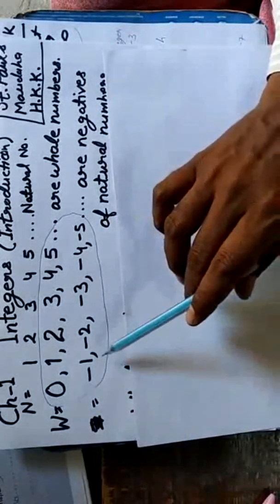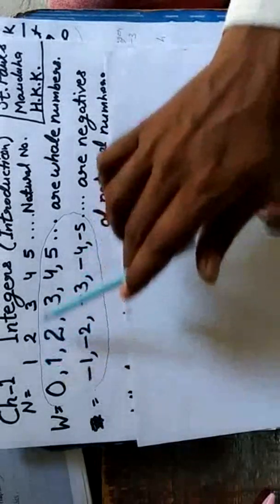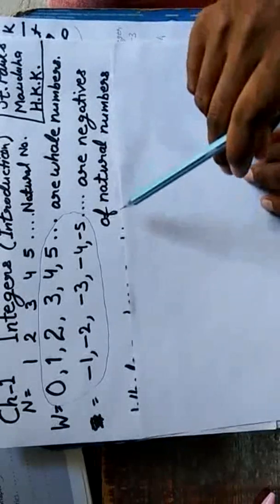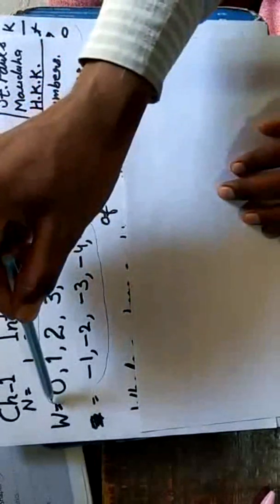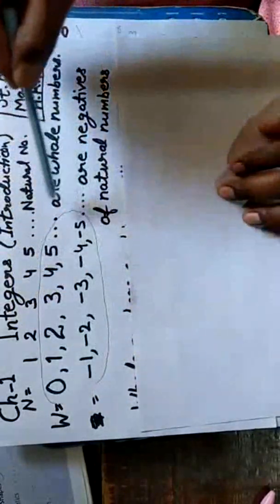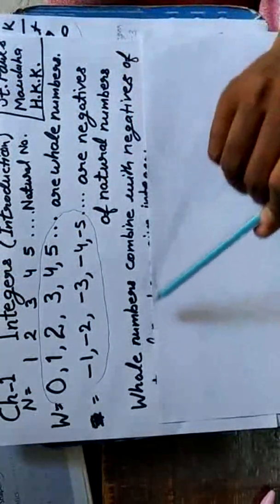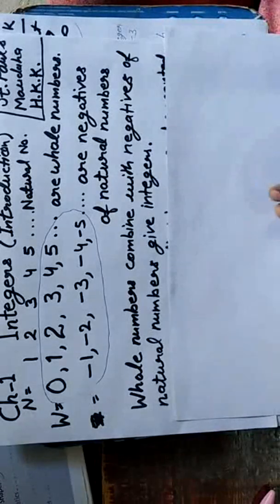But when we use the negative sign before the natural numbers, we get negatives of natural numbers. Now you are observing this circle I drew.